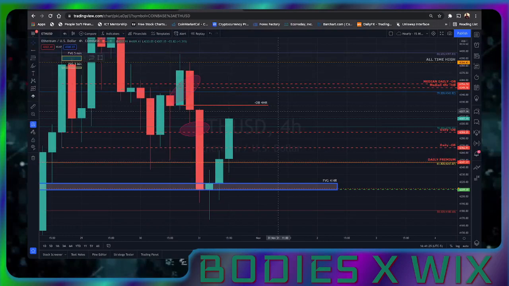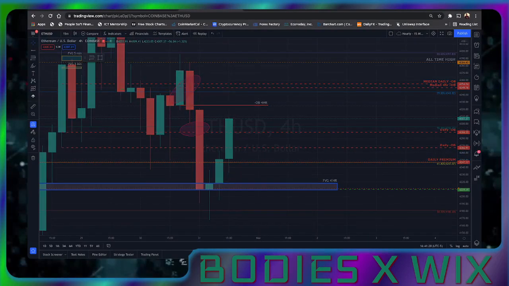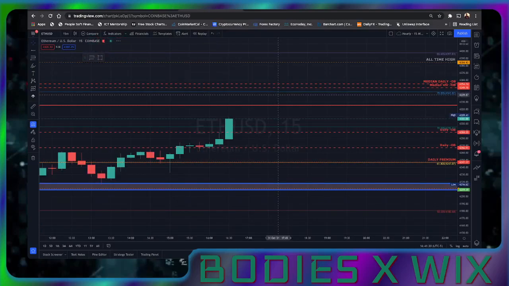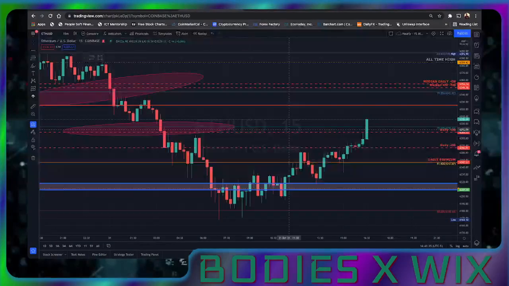All right, and what I also did at one point was I looked at the 15 minutes. The reason I looked at the 15 minutes is because I wanted to see if, right now, as you can see, it's possibly hitting. It's getting right underneath this bearish order block.